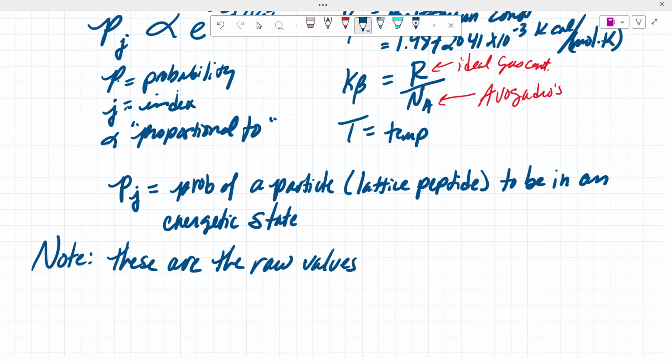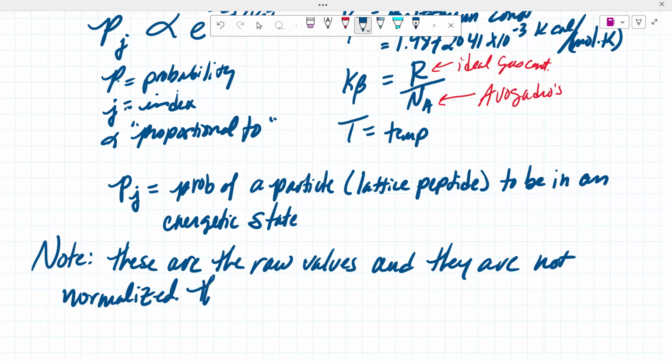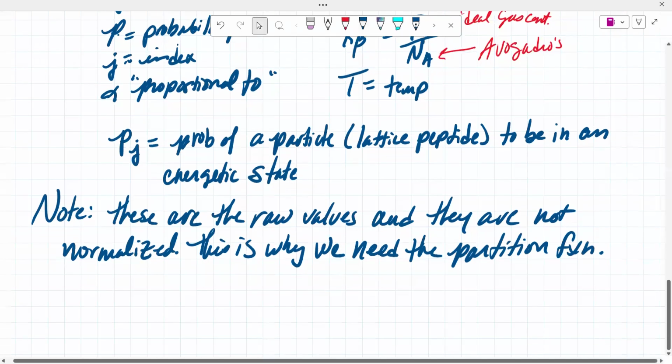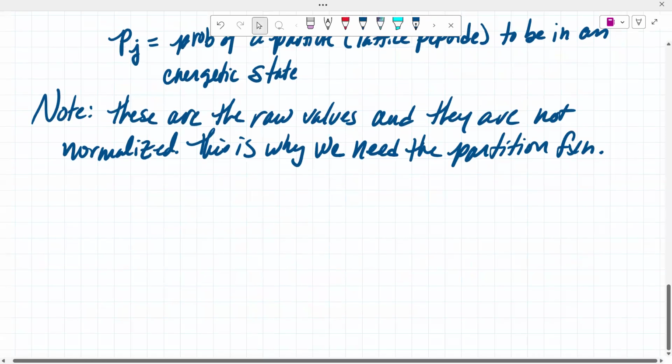They are not normalized. This is why we need the partition function, which basically just divides them out, just like you would to normalize something. Okay. Let's write the P_Js for the lattice model.